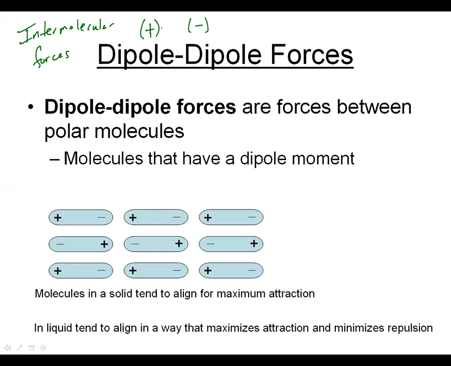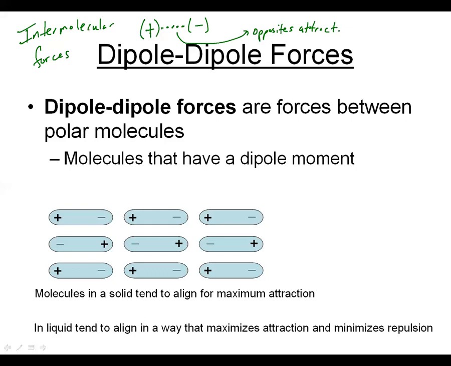That's the classic electrostatic interaction, opposites attract, and pretty much all intermolecular forces boil down to this basic interaction, where the positive side of one molecule is attracted to the negative side of another. And that attraction is what holds them together.